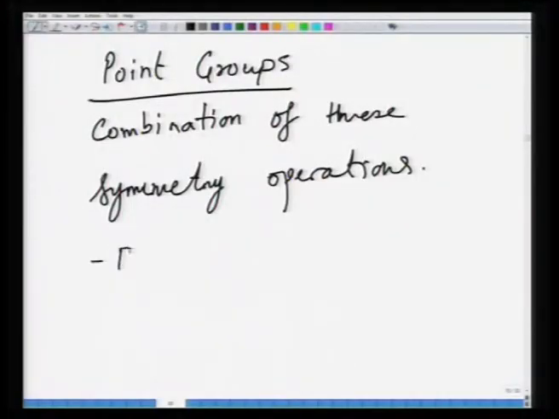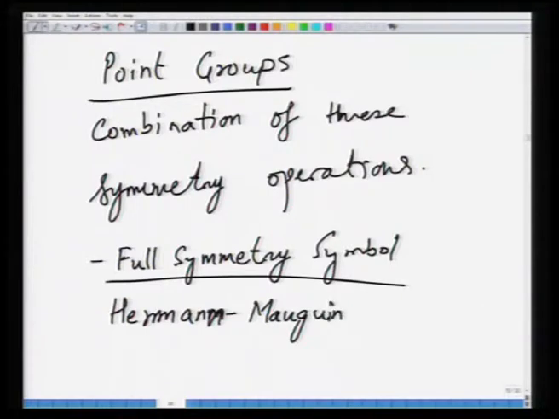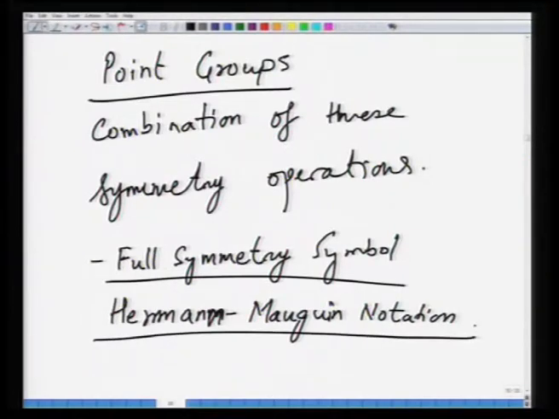One of the ways to differentiate point groups is to use the full symmetry symbol, and this notation is often called the Hermann-Mauguin notation, which is basically a method to represent the symmetry elements in the point groups.